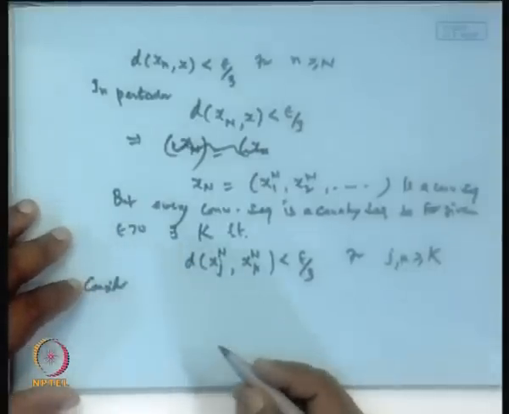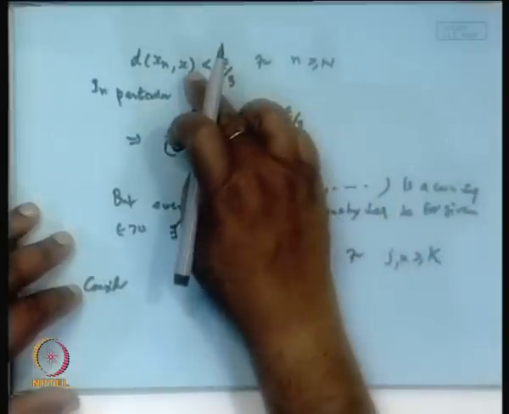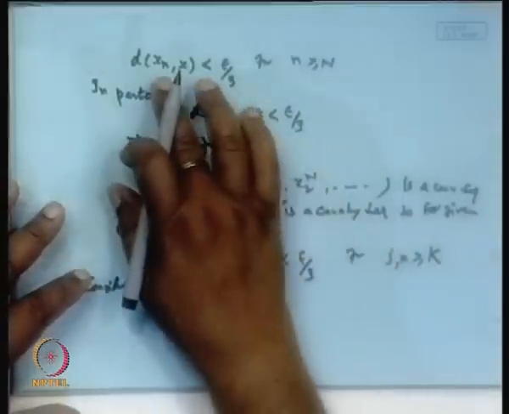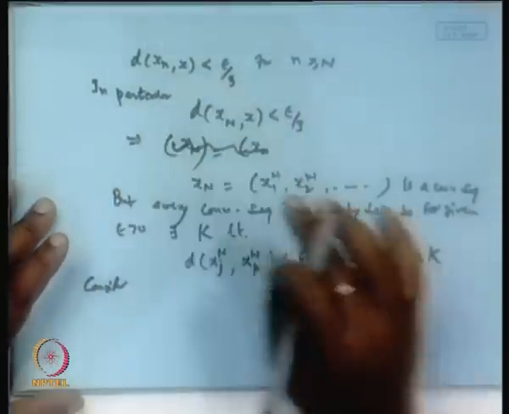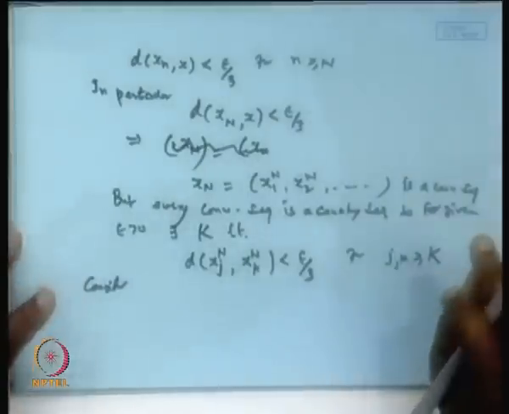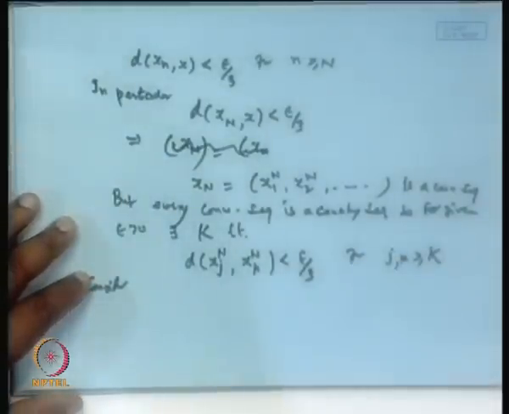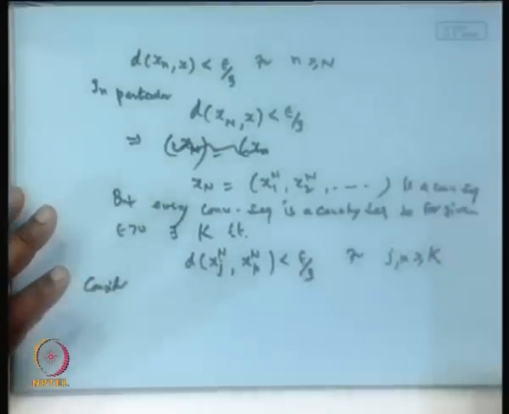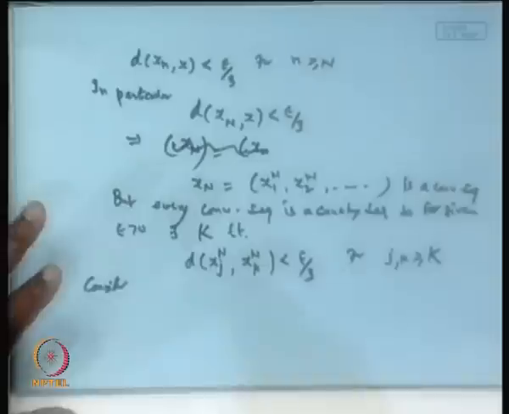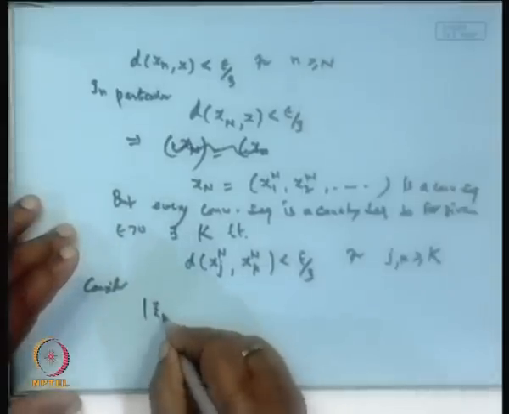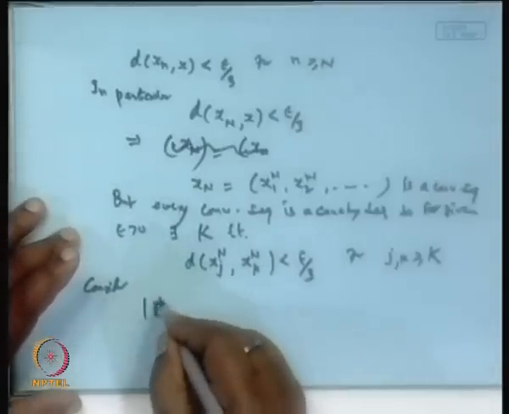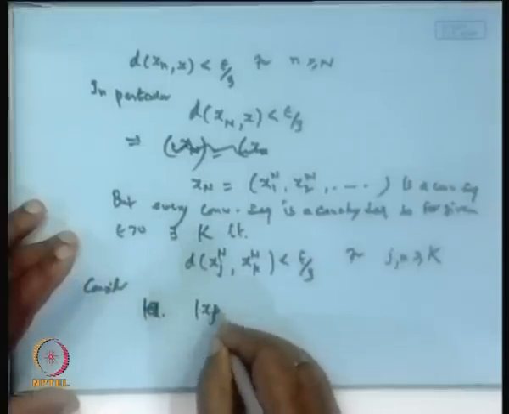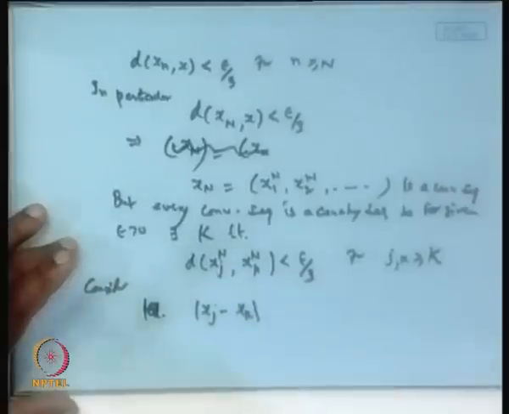the point we wanted, the limit point x_n converges to x. It means that this sequence x must belong to the class C, that is, x must be a convergent sequence. So, if I prove that x is a Cauchy sequence of real or complex numbers, then it has to be convergent. So, start with x_j minus x_k.